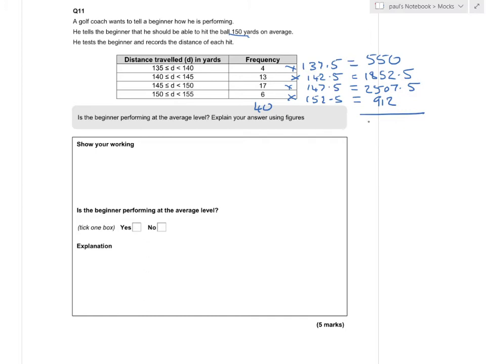Altogether 5822. So if we do 5822 and divide it by the number of hits, we get an average of the yards. Divided by 40, which gives 145.55 yards. Right, so is the beginner performing at an average level?